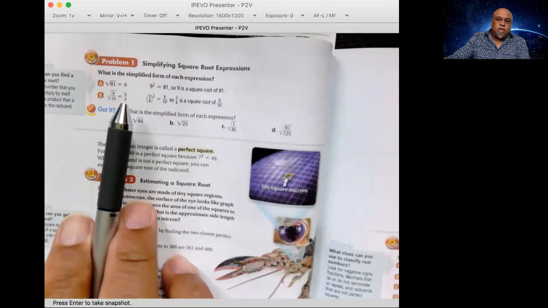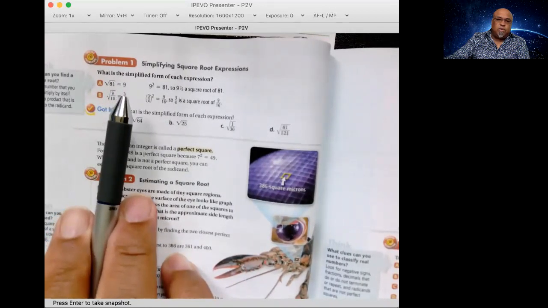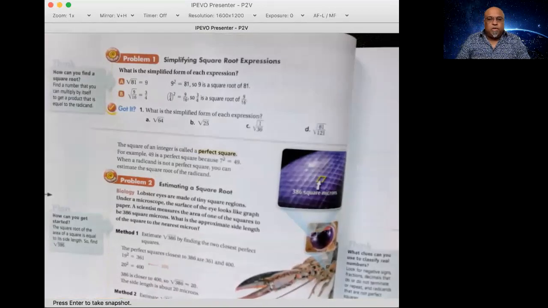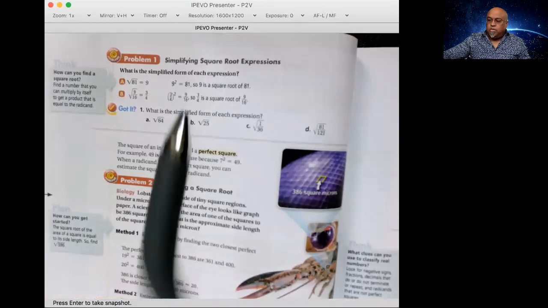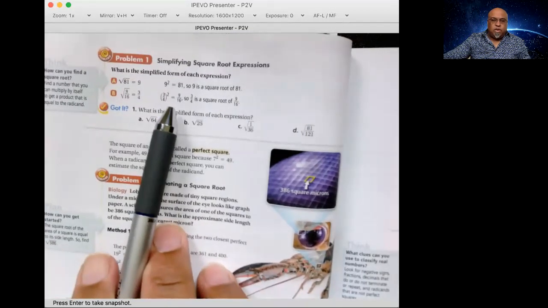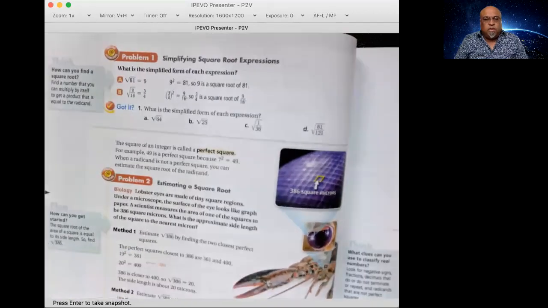So radical 9/16 is equal to 3/4, just like radical 81 is equal to 9. Okay? You can figure it out by redoing the work. 3/4 squared is equal to 9/16. So 3/4 is the square root of 9/16.